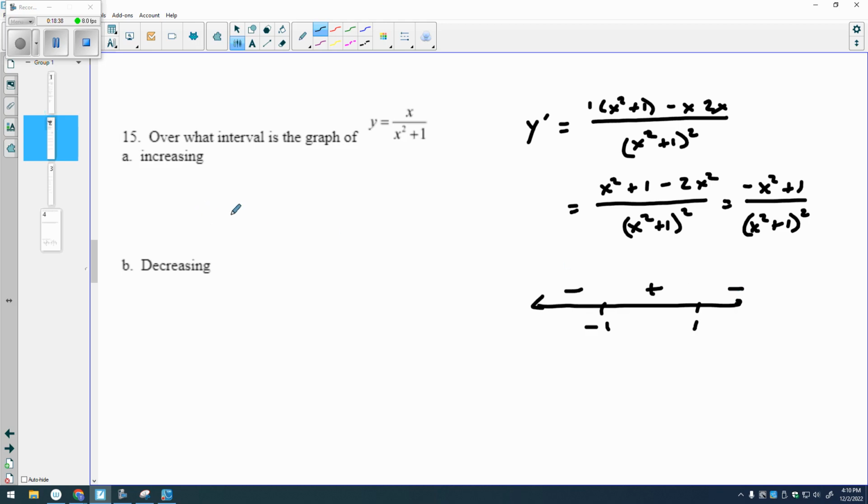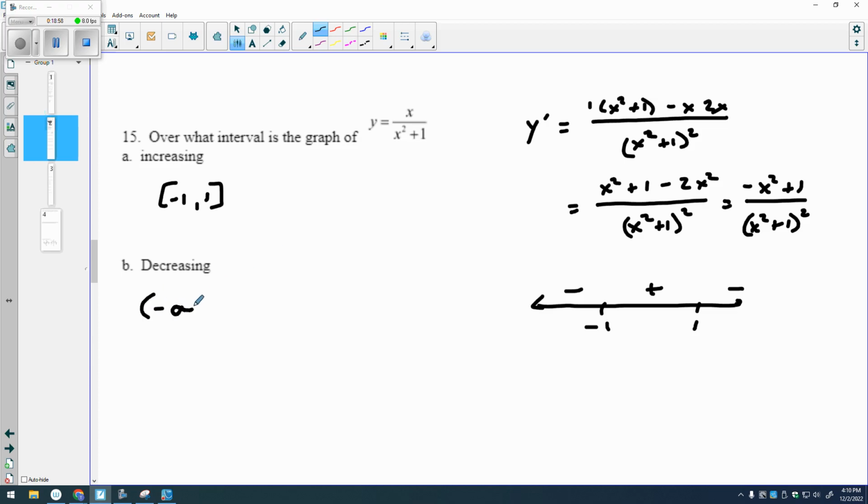So where is it increasing? From negative 1 to 1, my first derivative is positive, so my function is increasing. Where is it decreasing?